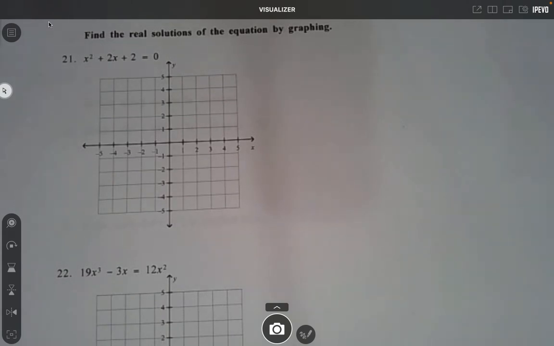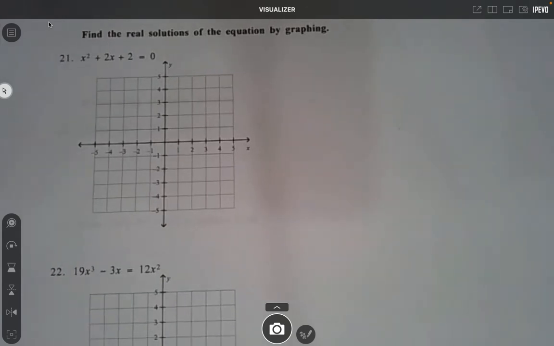Sorry, I'm just double checking before I told you that. I just did the relative max or min. Yeah, this one is just like 21. 22 is not on there. All right, so 21.